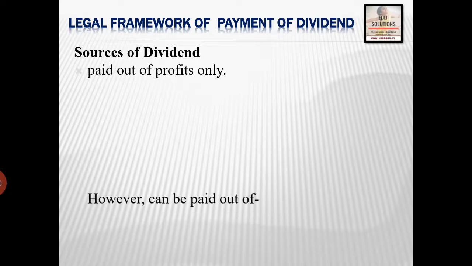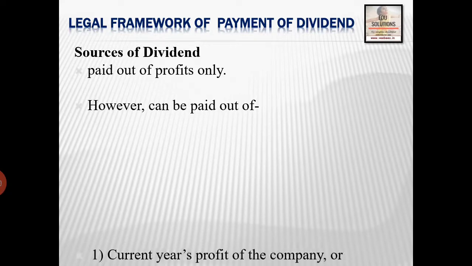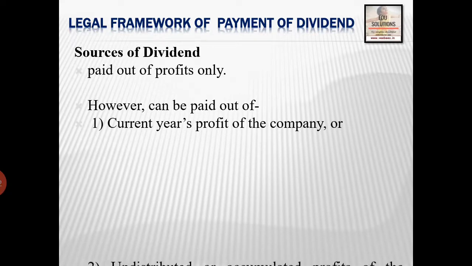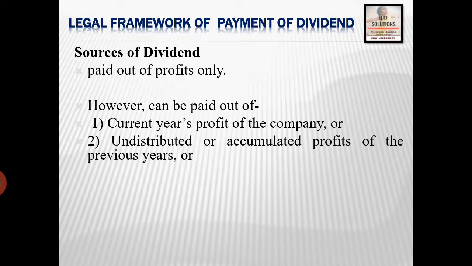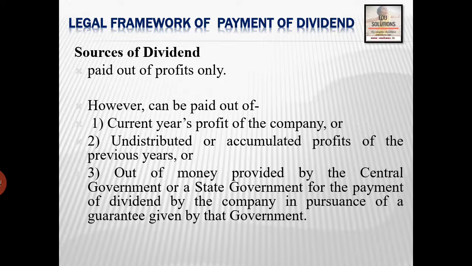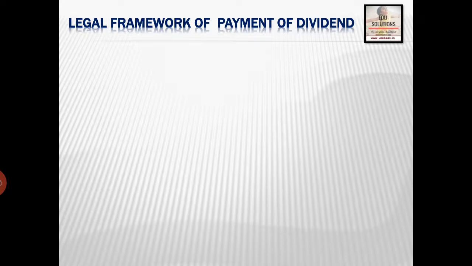There are some exceptions. However, dividend can be paid out of current year profit of the company, undistributed or accumulated profits of the company for previous years, and also out of the money provided by central government for the purpose. It may be as a part of agreement or guarantee given by the company. So these are the sources of dividend.